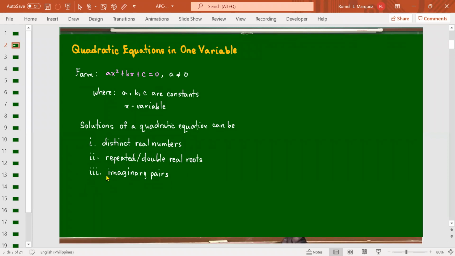So let us have the following examples. Solve the given quadratic equation by factoring method.